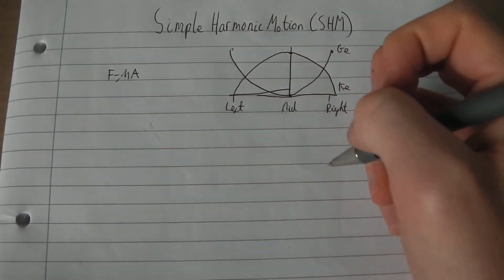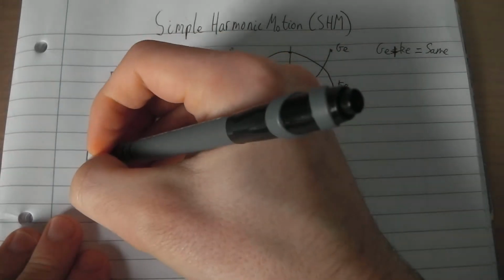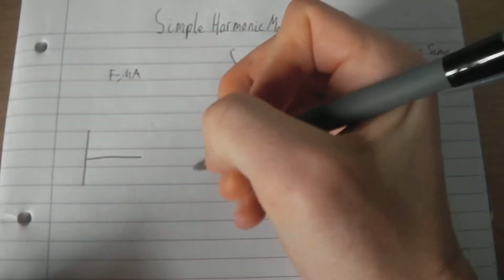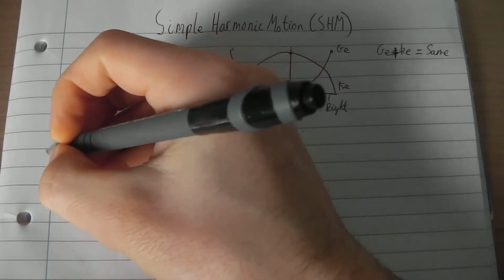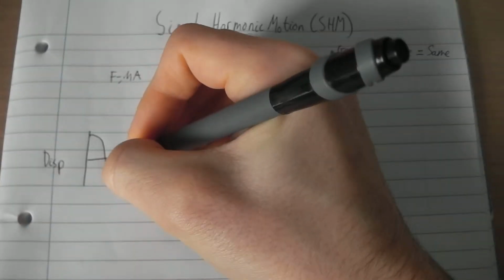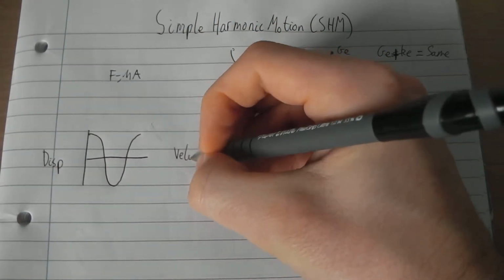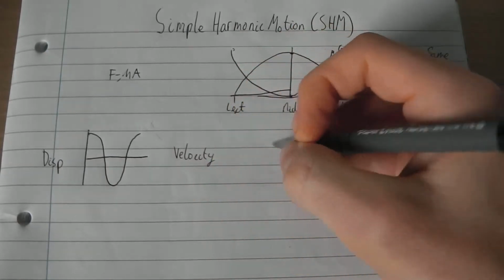Now let's think about the relationships between displacement, velocity and acceleration. So if we draw these as three graphs, this one will be displacement. This one can be velocity.